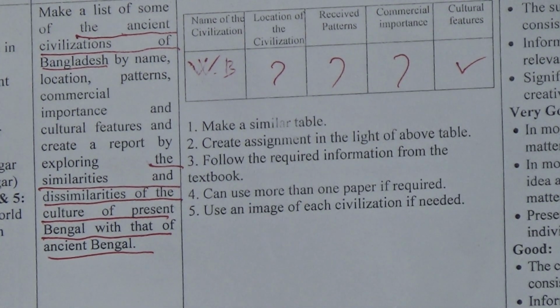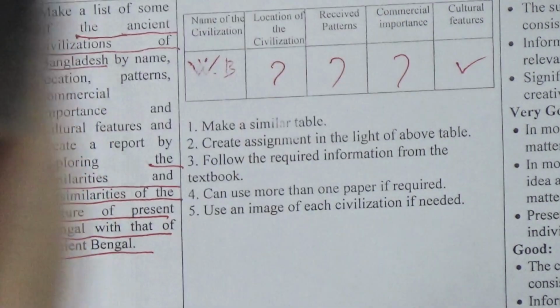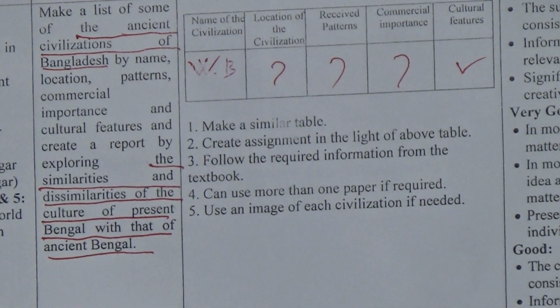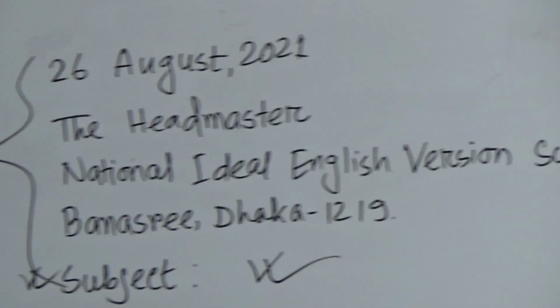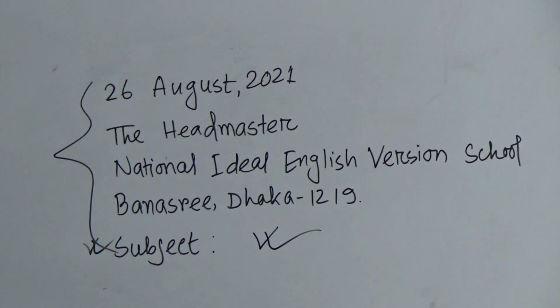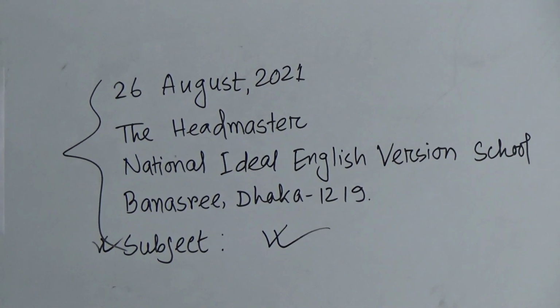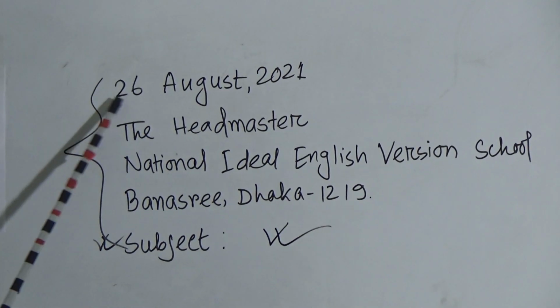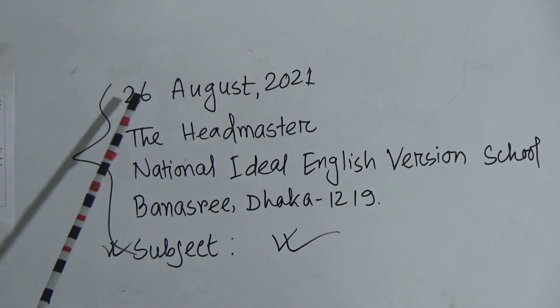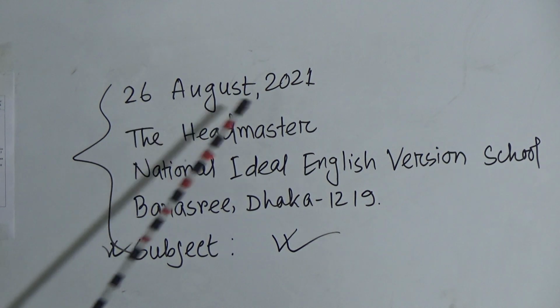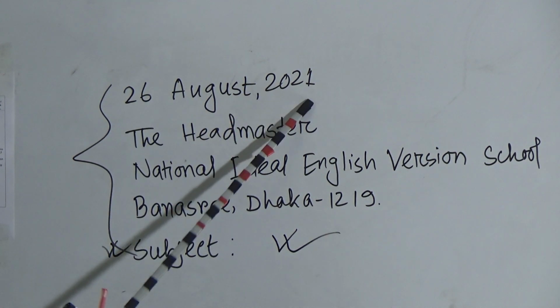Dear students, now listen. I told you only about the subject, but it's a report, so you have to write all these portions. That means how a report usually needs to be completed. First of all, you will have to give the date in this form: first the date, then the month, then a comma, then the year.